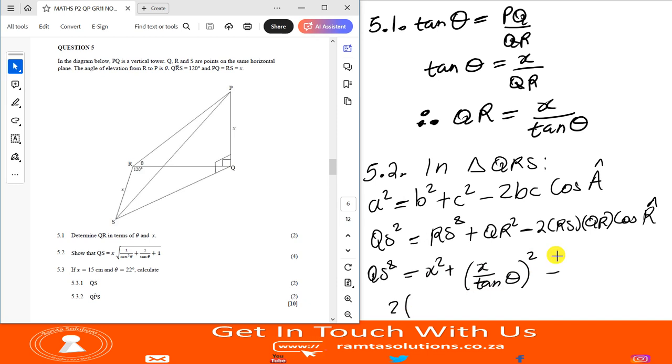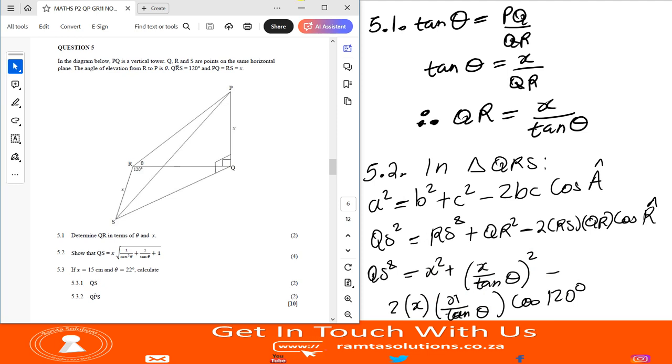It's X. What is QR? We said it's X over tan theta. And then what was angle R? It was 120 degrees. We are not done.